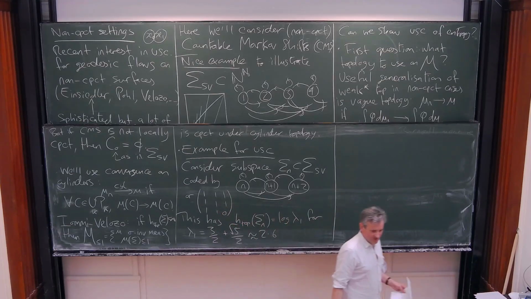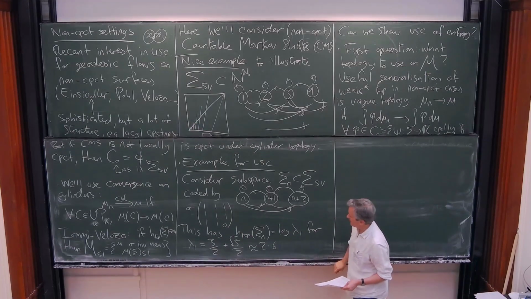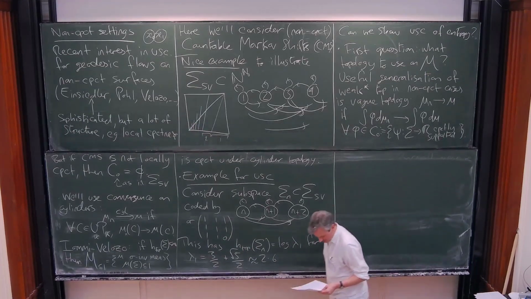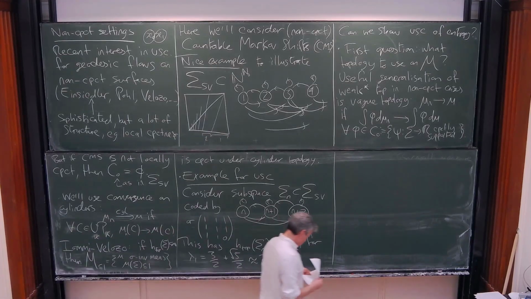I don't really care what it is exactly, but I want it to be greater than 2. I think I claimed earlier in this conference that I don't like numbers. Occasionally I use numbers. There we go.